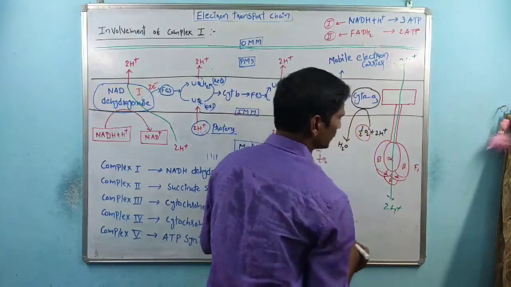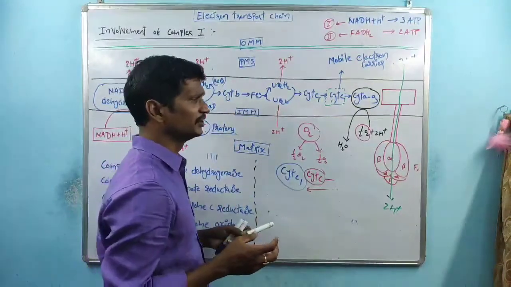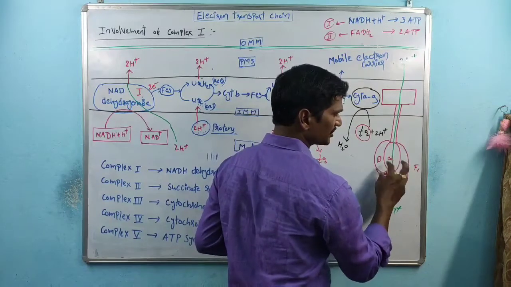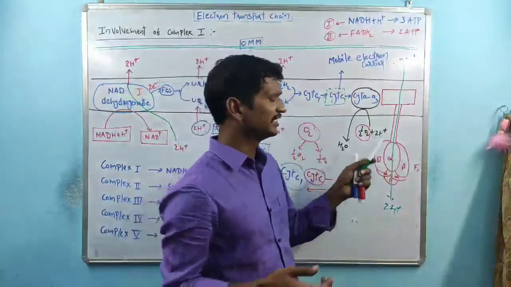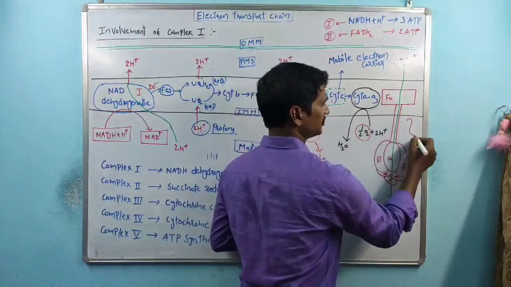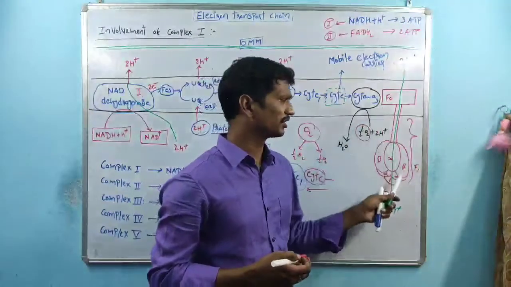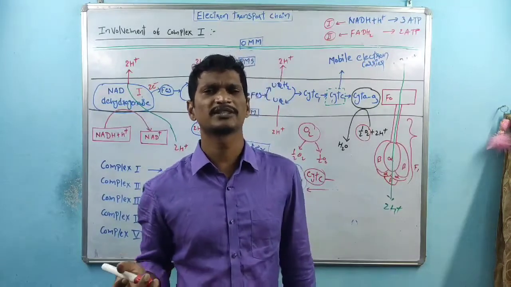While these H plus ions are transported, that electrochemical gradient supports the rotation of the ATP synthase enzyme. We know about the ATP synthase enzyme. There is an F0 part, and there is the F1 part. There is a base part and a head part, which is a lollipop-shaped structure.